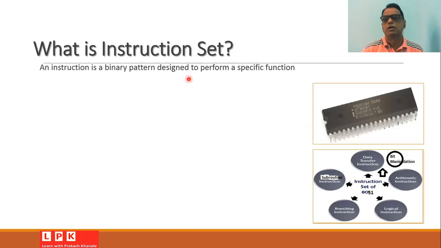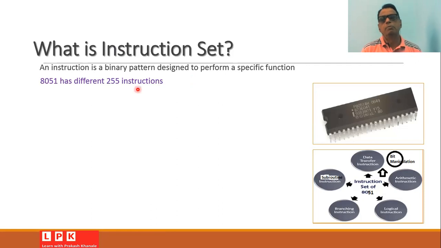Because this microcontroller unit, or this IC, is designed so that we can get certain jobs done by using this IC, whenever you want to use this IC in any application, it is necessary to write the instructions for this IC.